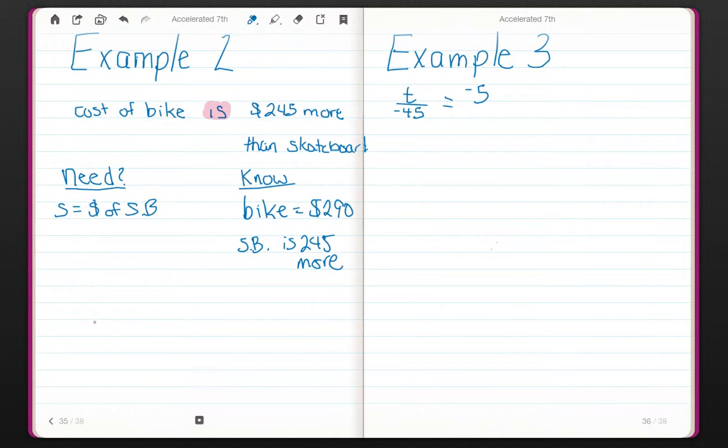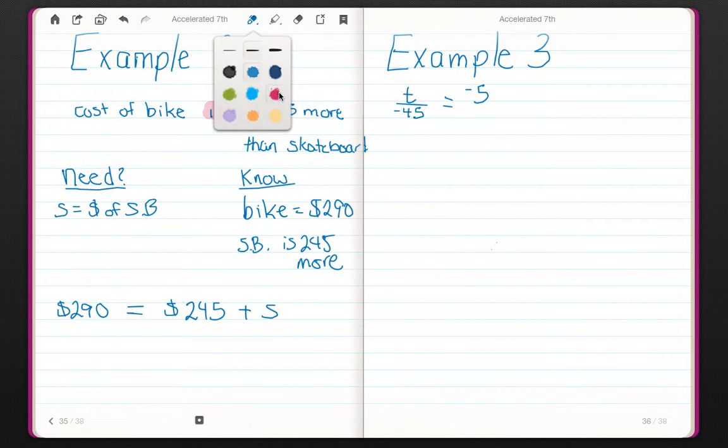So the cost of the bike, or $290, is equal to 245 more than the price of the skateboard. So how do I figure out the price of the skateboard?